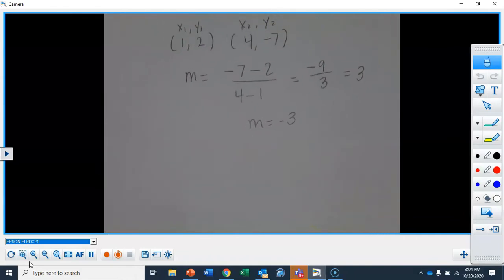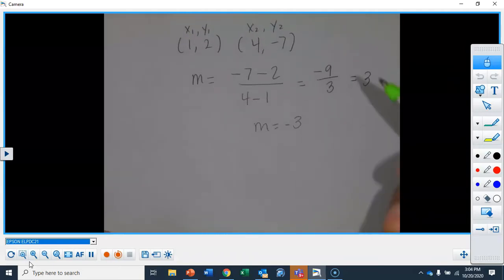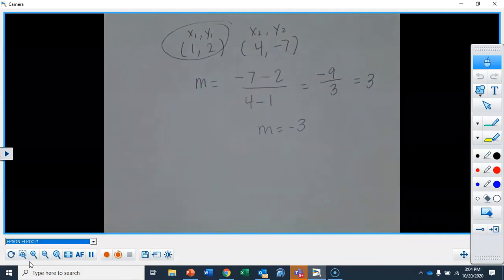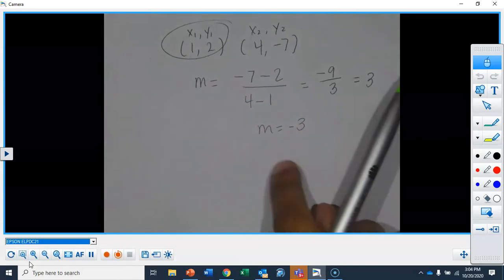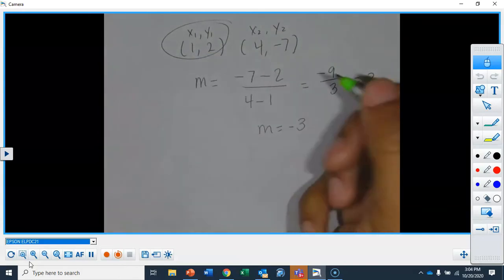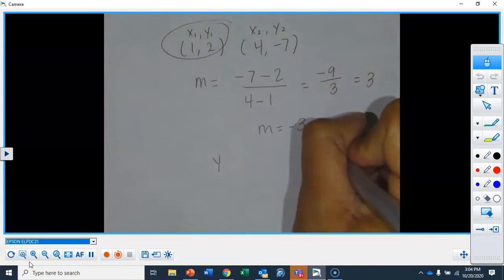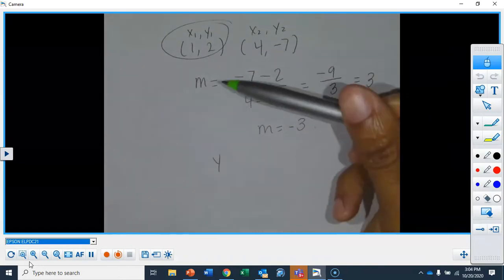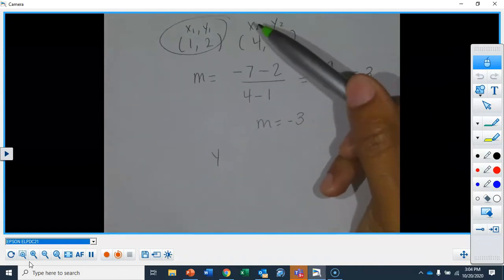So now that we have our -3, I just want to see if this will work out. I want to show y'all, again, I'm playing a little, I want y'all to see this. What if I choose this point? So my m is -3, I'm using this point. Let's watch this. So we're going to use our slope and a point. So I got to use point slope.